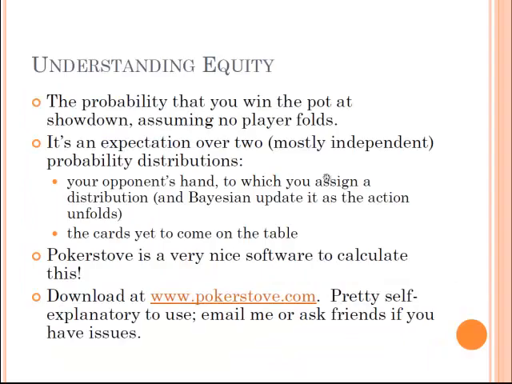So what is equity? Equity is the percent chance that you win the pot, and it's an expectation over 2 probability distributions. So it's the expected percent of the pot that you own, and it's a distribution over your opponent's hand, which is unknown, and also a distribution of the cards over the table.